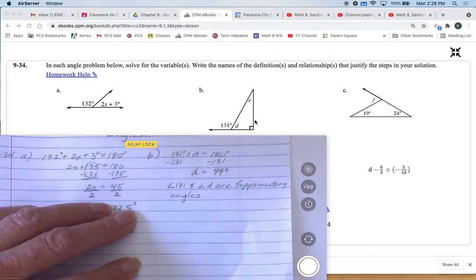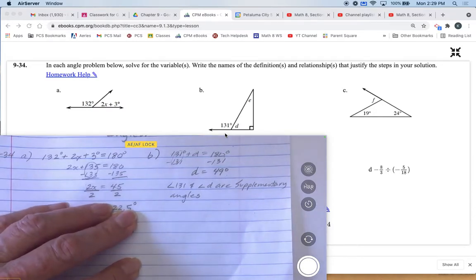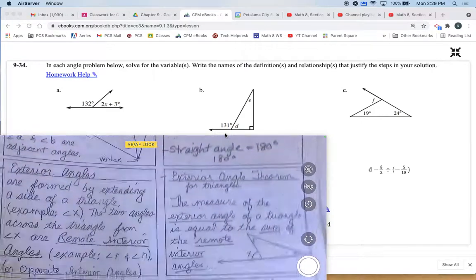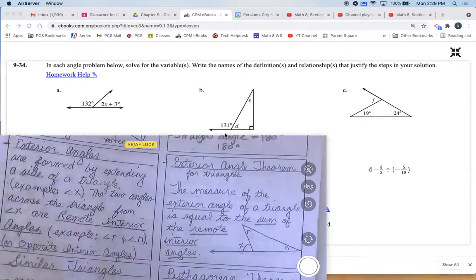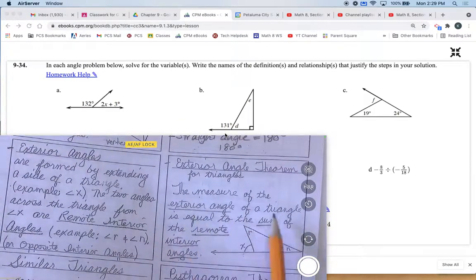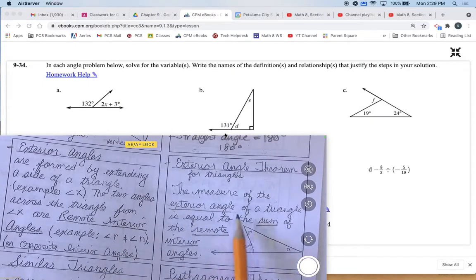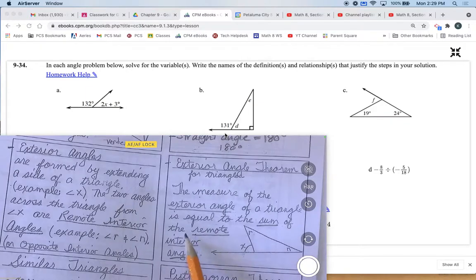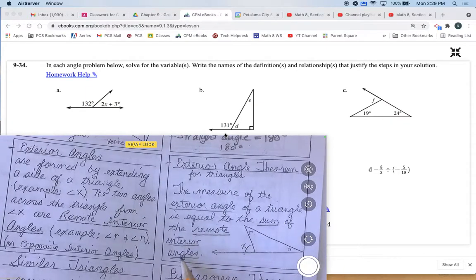All right, so I think I'm going to use what we learned today in class, which is that the exterior angle of a triangle, so here's an exterior angle, is equal to the sum of the remote interior angles.